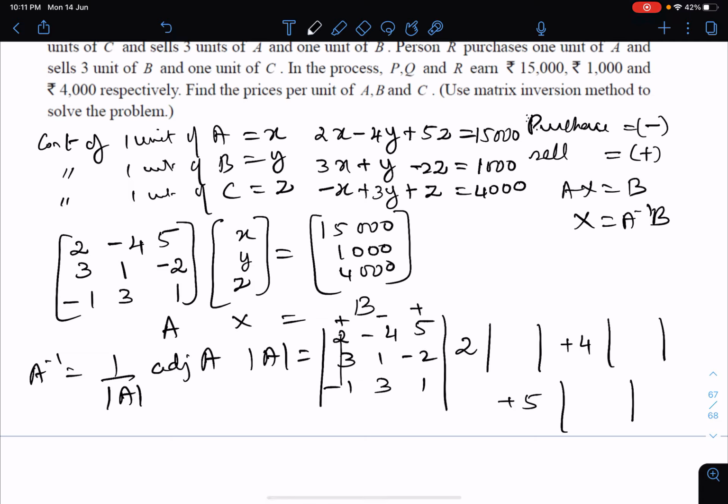So deleting your first column, leaving your first row, you get 1 minus 2, 3 1. Deleting our second column, you will get your second minor as 3 minus 2, minus 1 1. Next, deleting your third column, you will get your minor as 3 1, minus 1 3.